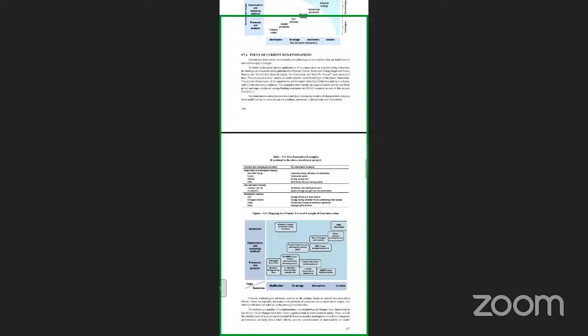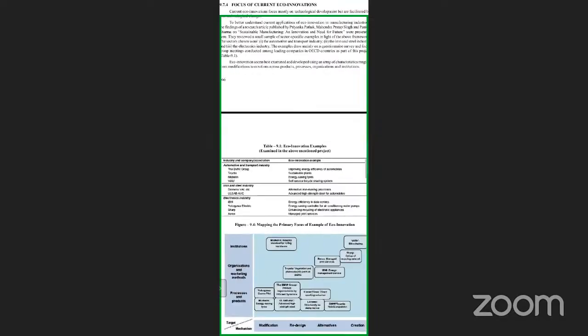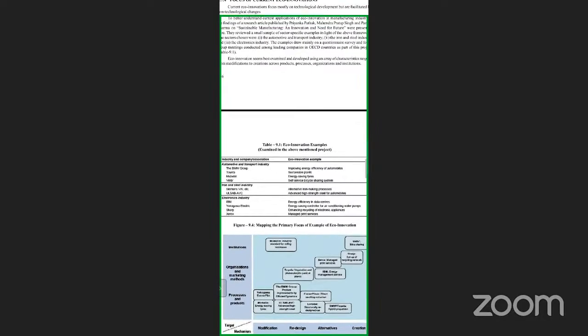And that is about the automobile and transport industry. And we have the iron and steel industry. There we can see Siemens, VAI, etc. and Wilsab AVC. And here their eco-innovation examples are alternative iron making process, advanced high strength steel for automobiles.